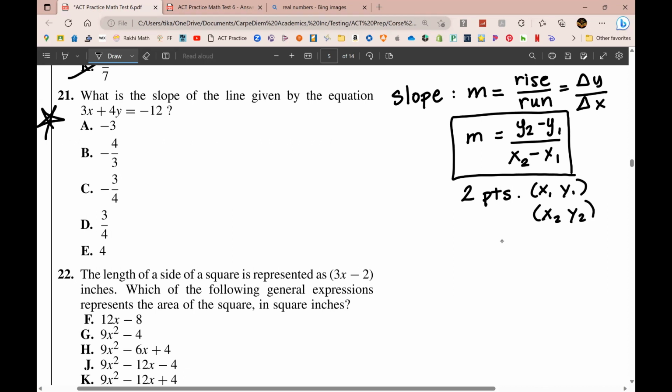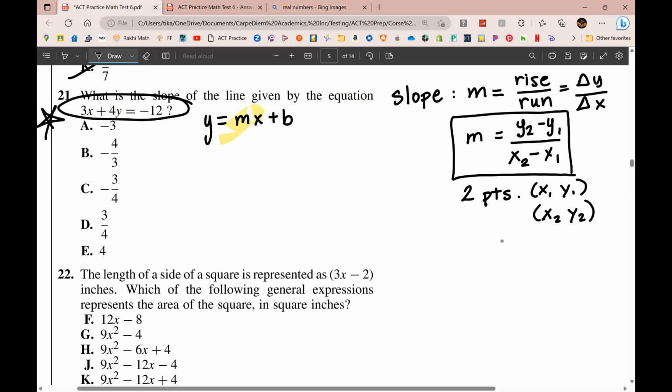But here we're given this equation. So I'm going to actually solve that for y equals mx plus b. And our m is what we're looking for, that m.